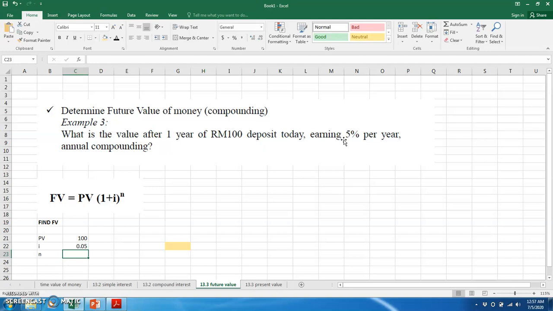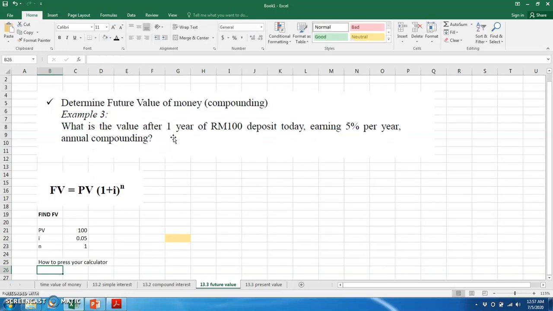And then how many years? For 1 year. Now I would like you to be ready with your calculator. Let me teach you how to press it. You are going to find the future value, right? So you have this 100 ringgit. You need to multiply by 1 plus 0.05 to the power of 1.